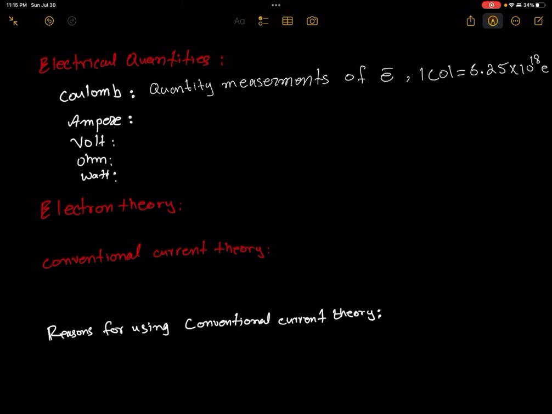That's how many electrons 1 coulomb has. We will discuss these things in further detail maybe in the next few classes.